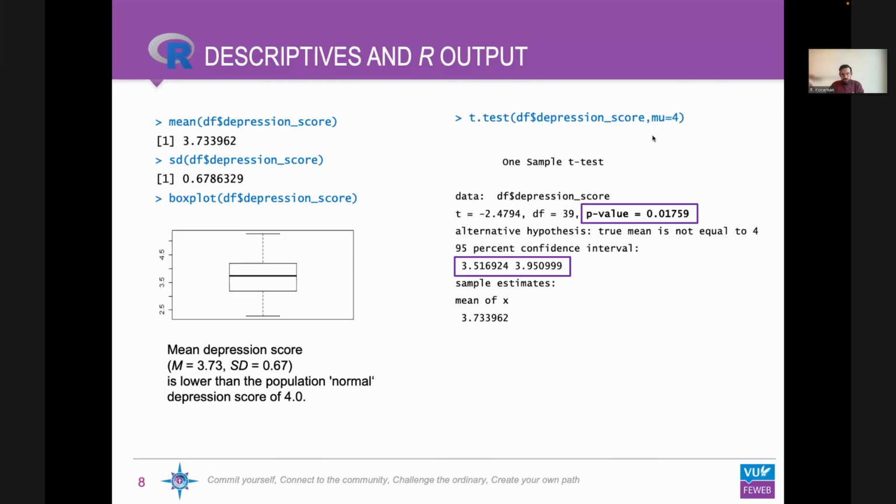We will also see a one-sided test soon. But the default option in t-test, if you don't write anything else, is a two-sided test. So in the two-sided case, you just conclude if it's 4 or not. So in that sense, p-value is just the indicator here that you should focus on.